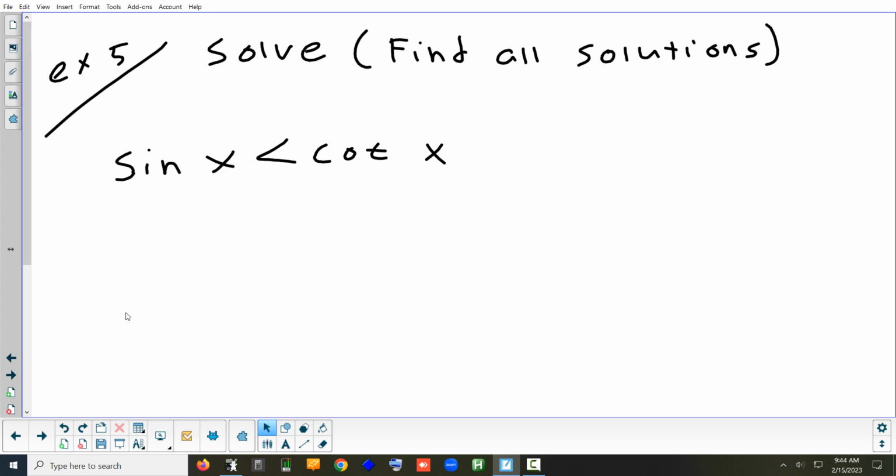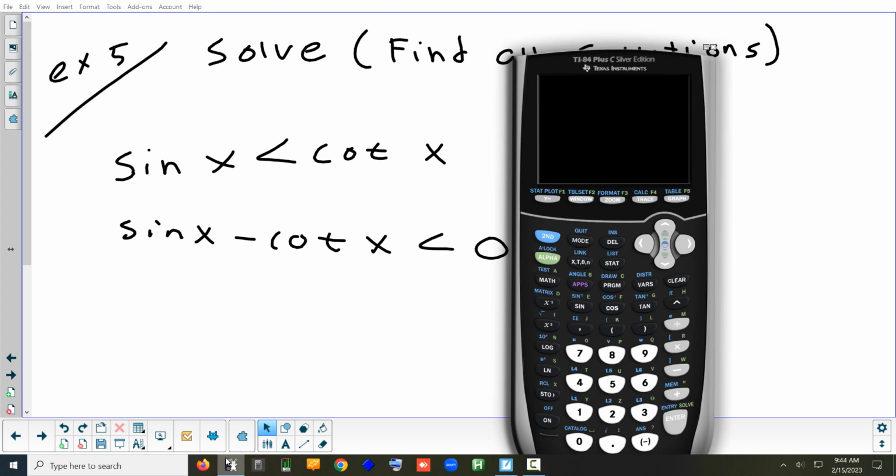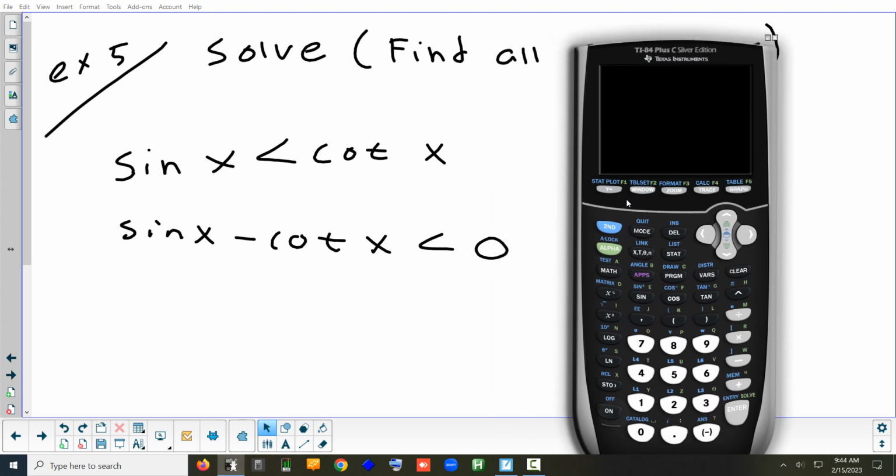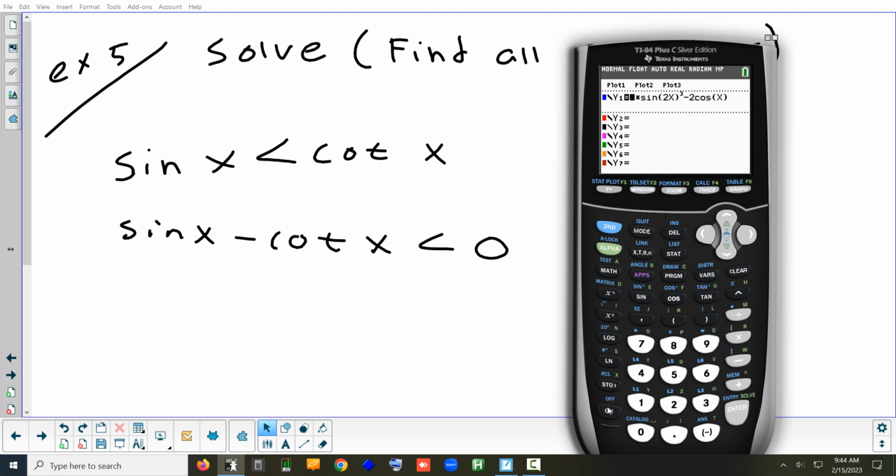So let's move everything to the left. So I'll subtract the cotangent. And when we graph this, we are looking for where we are going to be under the x-axis. Now, cotangent is a function I don't have a button for. So I'm going to have to think about how to type that in. And the other thing I have to think about is the period.